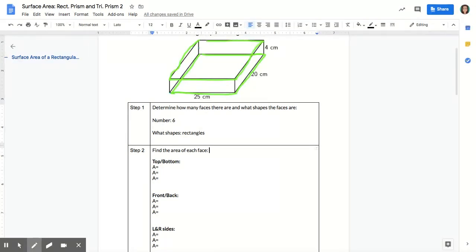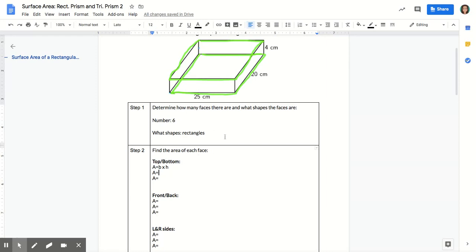And the thing that we know about the faces in rectangular prisms is that the opposite faces are equal in area. That's why you see here it says top/bottom. The area, that's a rectangle, so it's base times height. If you look here, this bottom rectangle has a base of 25 and a height of 20.